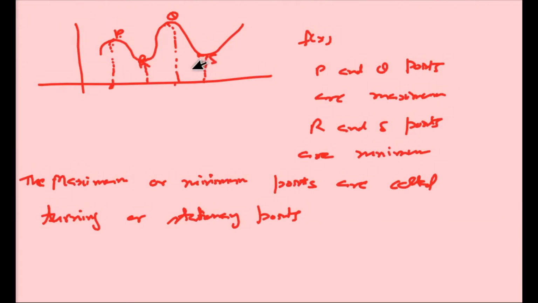And it may be possible that a minimum point is greater than a maximum point. You can see this one: this is a minimum point, but this is greater than this, right? So a minimum point may be greater than a maximum point. Now after this I am going to tell you the conditions for maxima and minima.